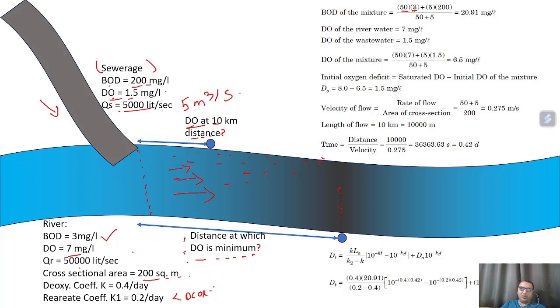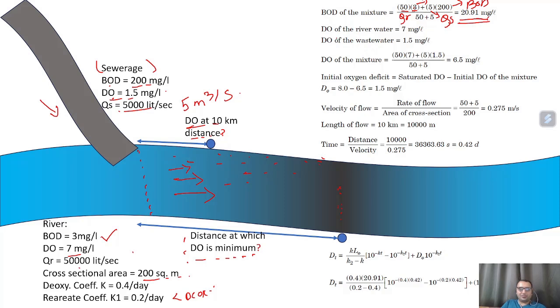So 50 into 3 plus 5, this is the sewerage quantity of Q. These are QR, and this is QS, and these are BOD. This we multiply: 50 into 3 plus 5 into 200 upon 50 plus 5. So that gives us the initial BOD, that is L0.